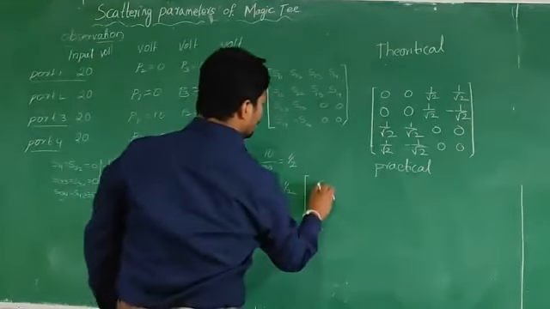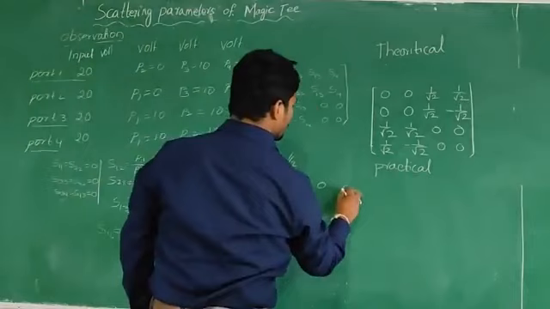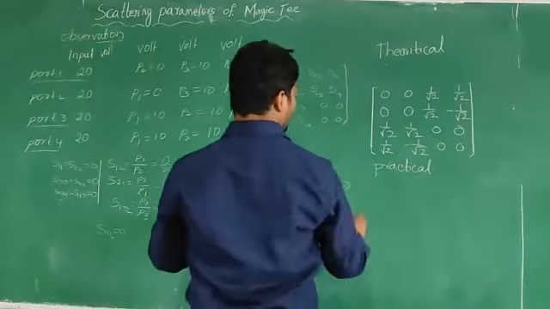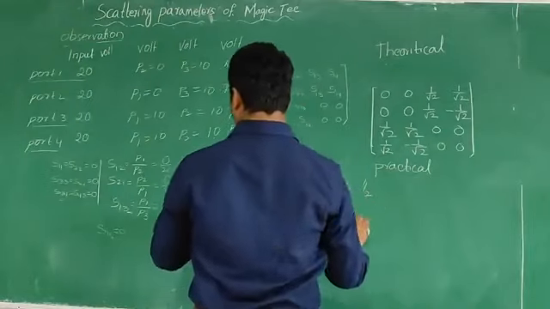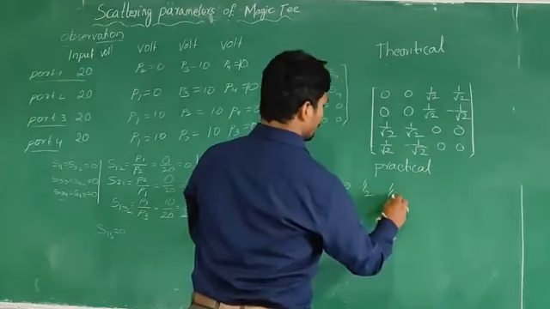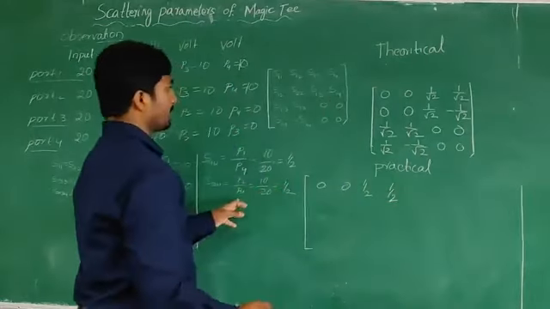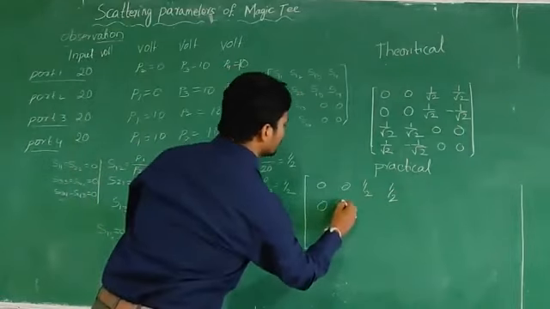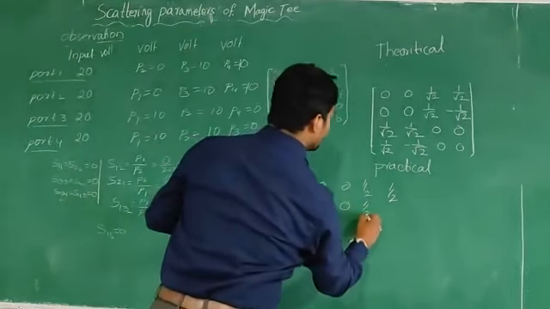S11 is equal to 0, S12 is equal to 0, S13 is equal to 1 by 2. S22 is equal to 0, S23 is equal to 1 by 2.